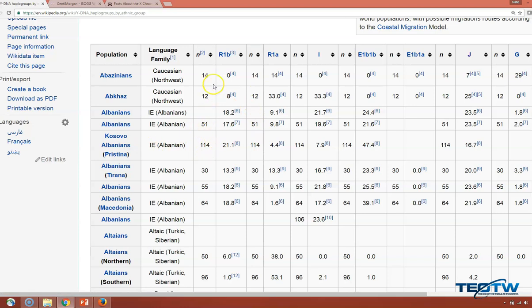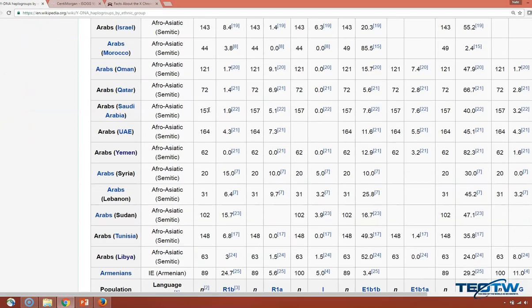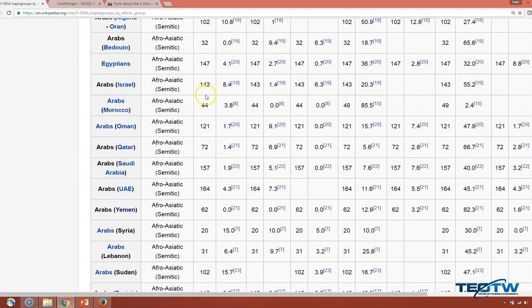So you look and you see these, we have millions of people in these countries, right? But look at the sample size. Okay, the Arabs in Israel, 143. So this small percentage out of like millions of people, how much value is that? Because they're missing a lot of the mutations. They're not capturing a lot of the mutations in their study, and so could this be on purpose, right, to deceive people as far as the value of the matching?